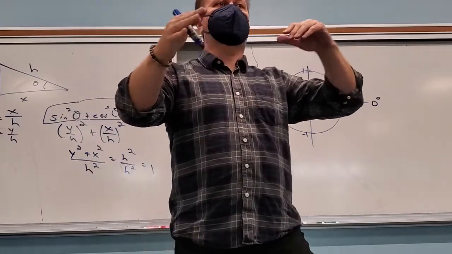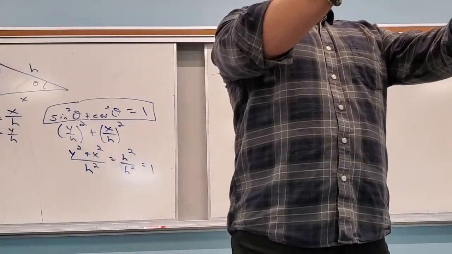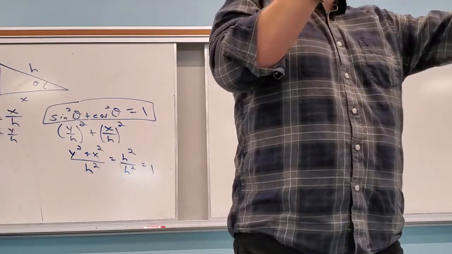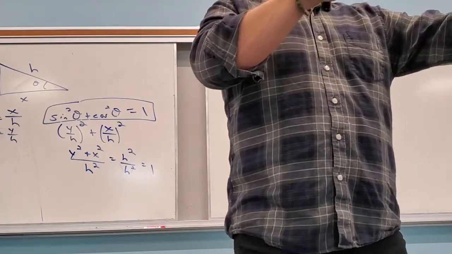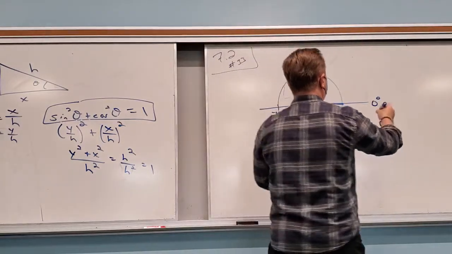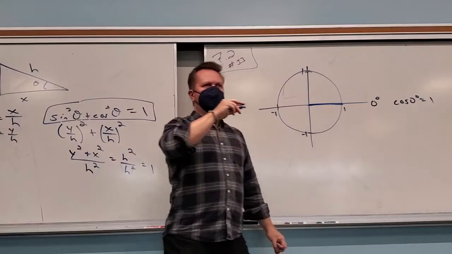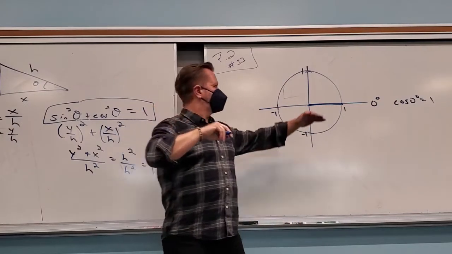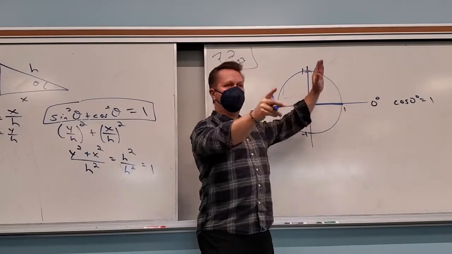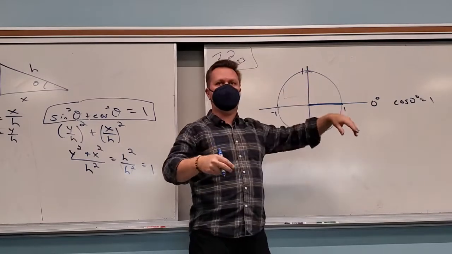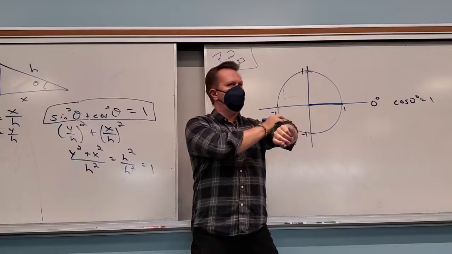Cosine. Cosine is happy at 0 degrees because it's all x. Cosine likes x. So cosine of 0 degrees is 1. So cosine starts big and then it gets smaller. We saw that earlier. As I rotate, doesn't my x piece get smaller and smaller? Okay, stay with me now.